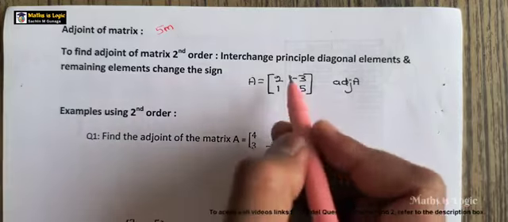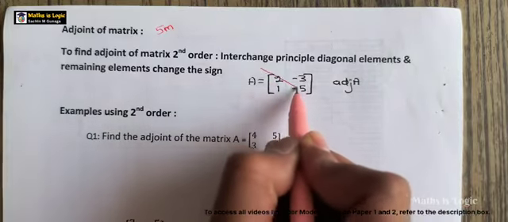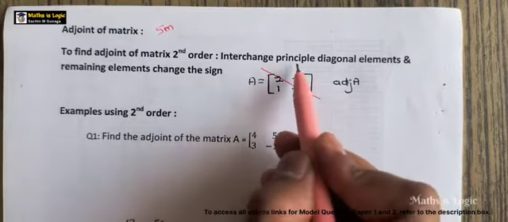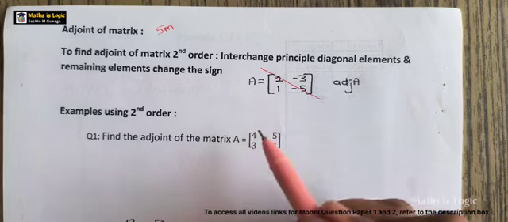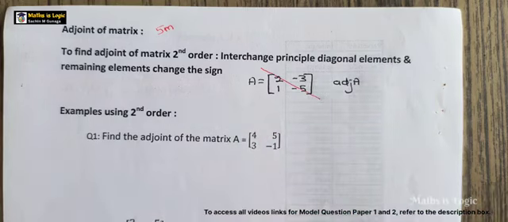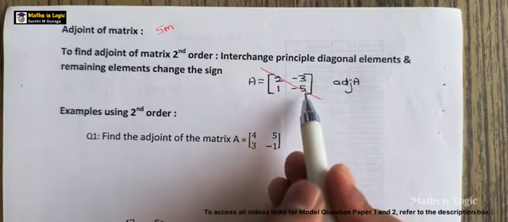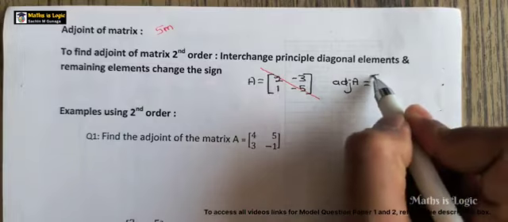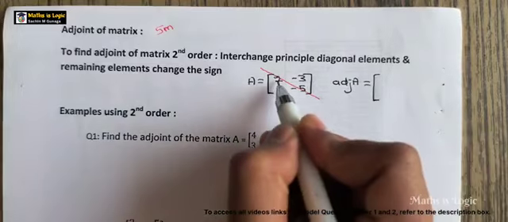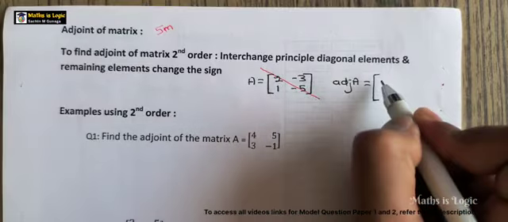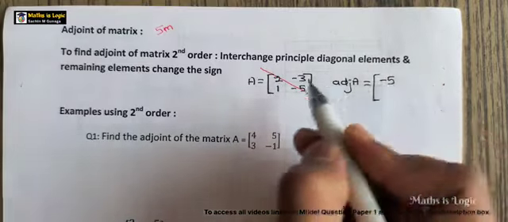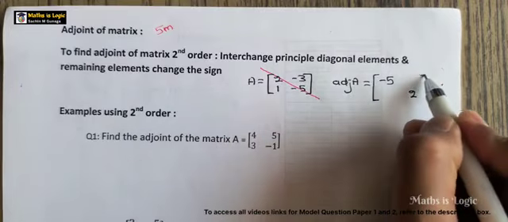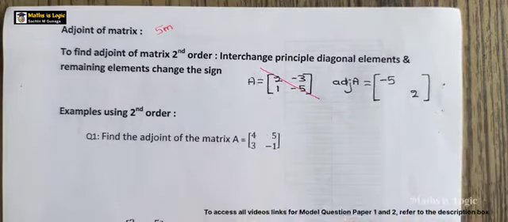So in this matrix, this 2 minus 5, this is what we call it as principal diagonal elements. What we need to do is, this principal diagonal elements we need to interchange first. So interchange means in place of 2 write minus 5. Next, in place of minus 5 write 2.